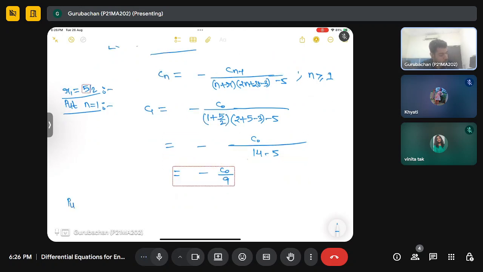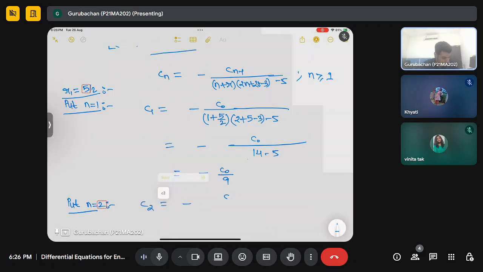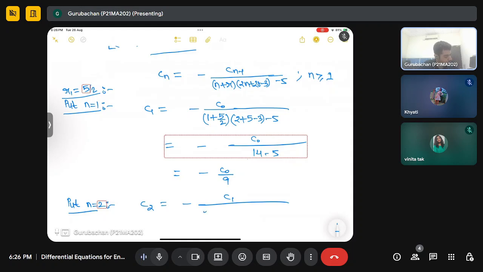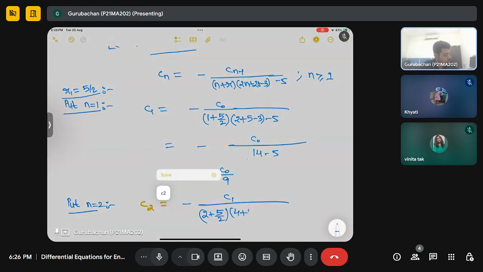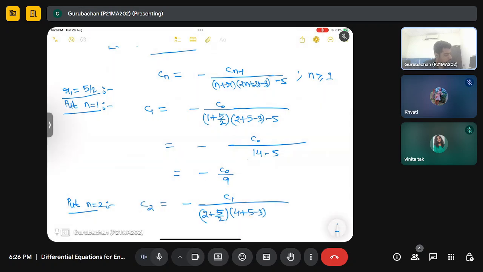Now put n equal to 2. For n equal to 2, we will get C2 as minus C1 divided by 2 plus 5 by 2 into 4 plus 5 minus 3 minus 5.